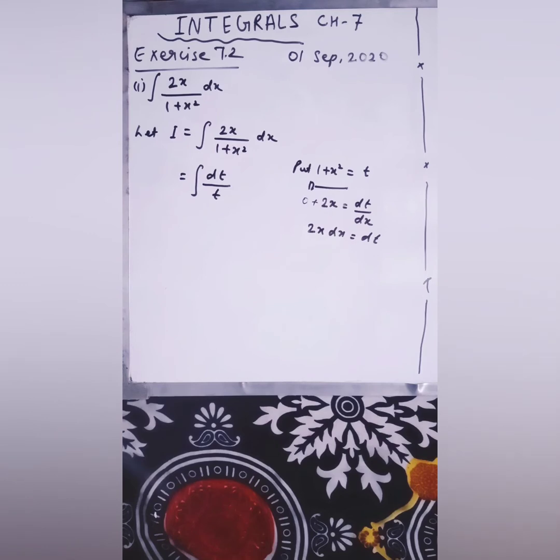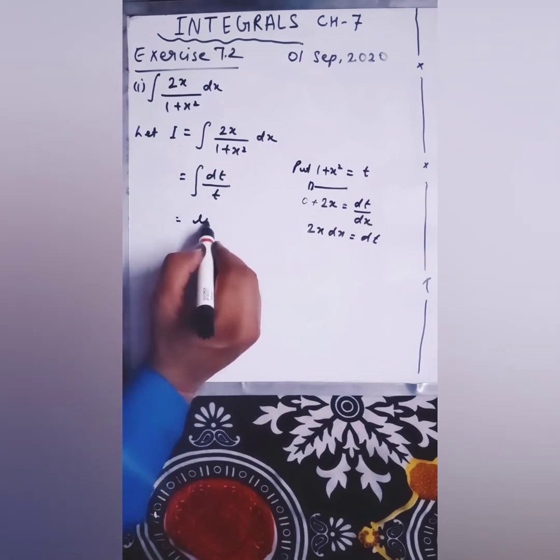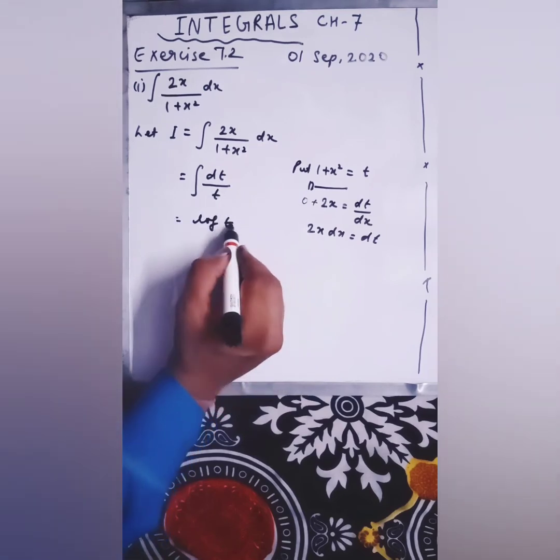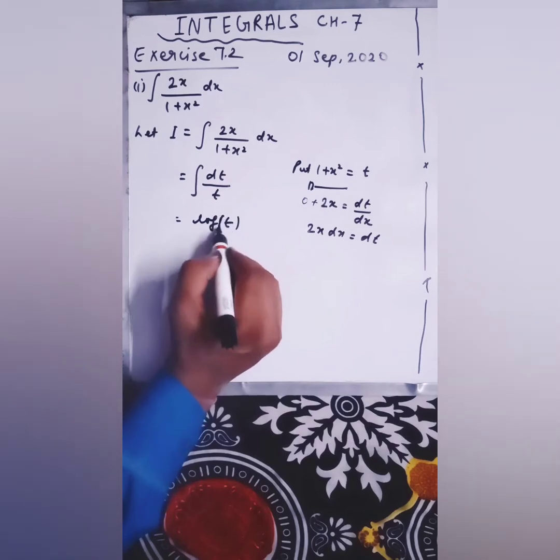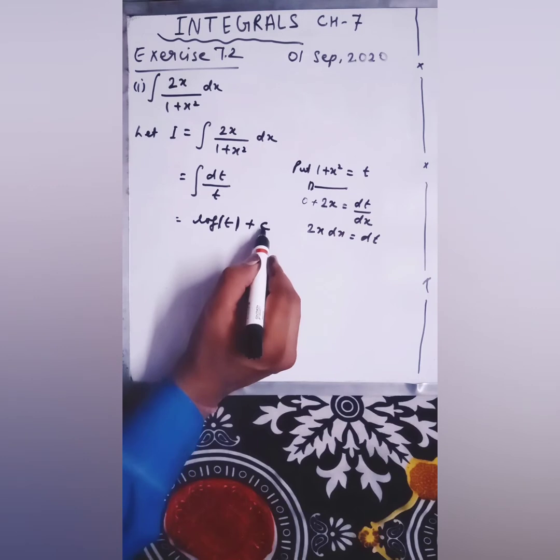So dt by t, you will get log t plus c. This c we are writing just for the constant.